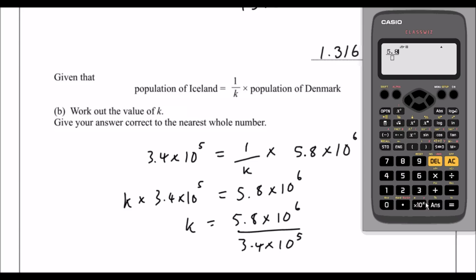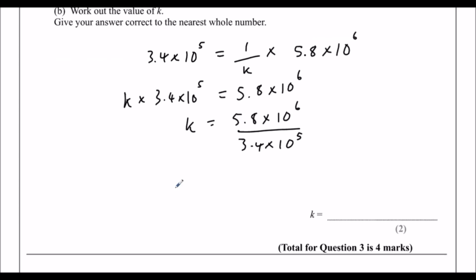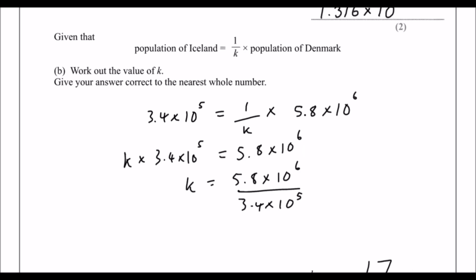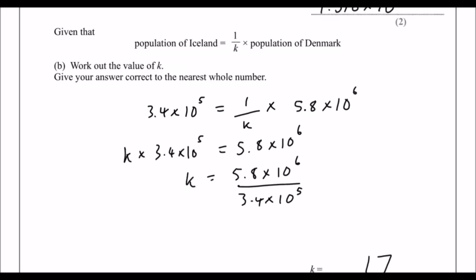So 5.8 times 10 to the power of 6 divided by 3.4 times 10 to the power of 5. We want the nearest whole number. So to the nearest whole number, we have 17. So K is 17. The population of Iceland is a 17th of the population of Denmark.